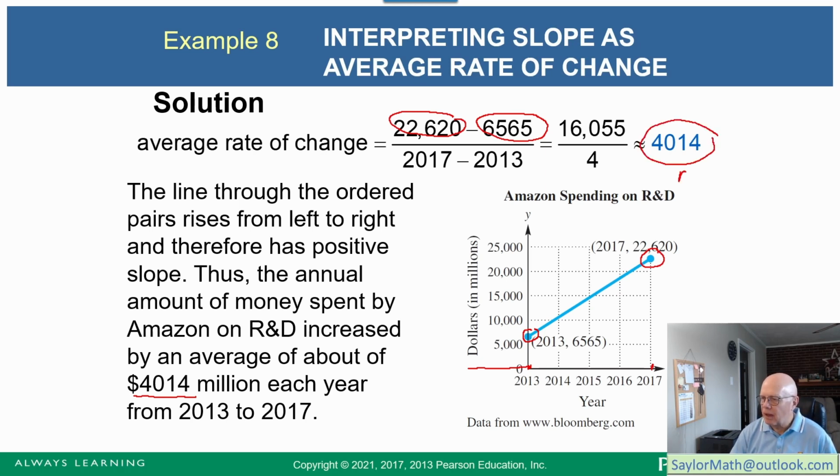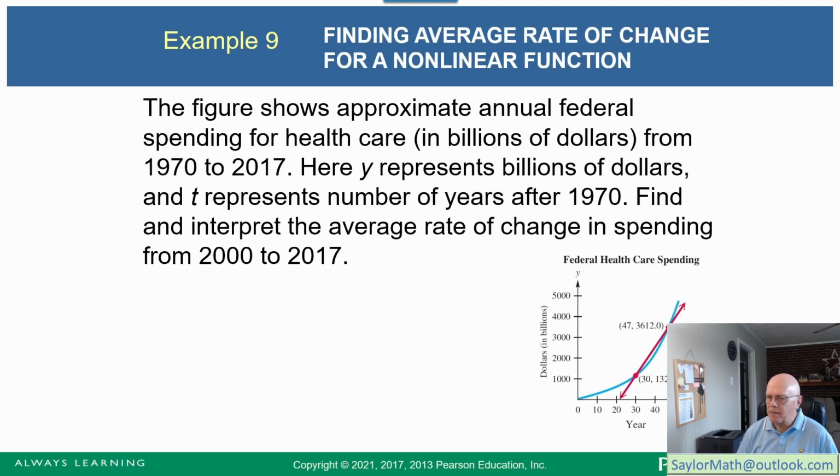And the slope you can think of as a rate of change. That's how the sales are increasing per year. In this example, it's sales per year. In different applications, these two would be different, most likely.